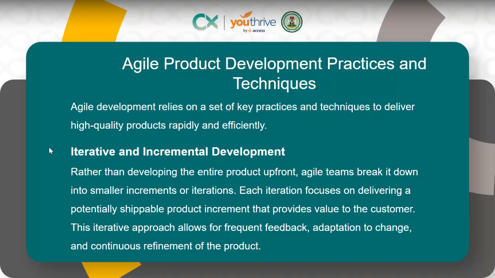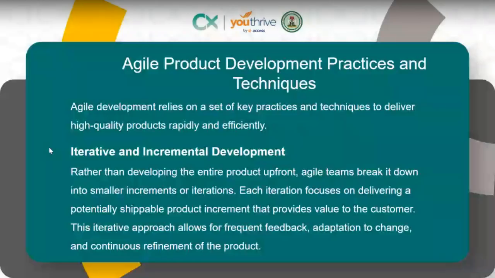One technique we have is called iterative and incremental development. Rather than developing an entire product upfront, agile teams break it down into smaller increments or iterations. Each iteration focuses on delivering a potentially shippable product increment that provides value to the customer.